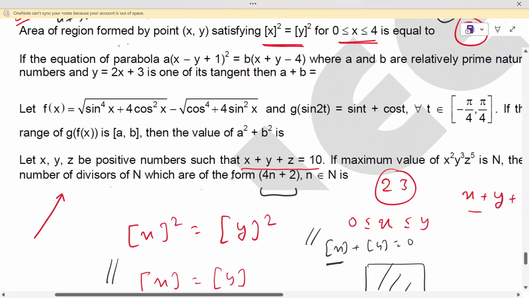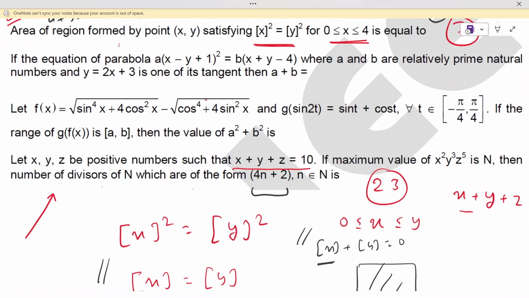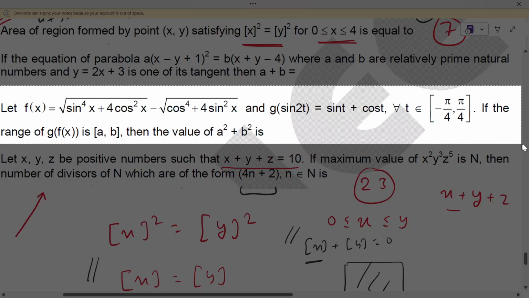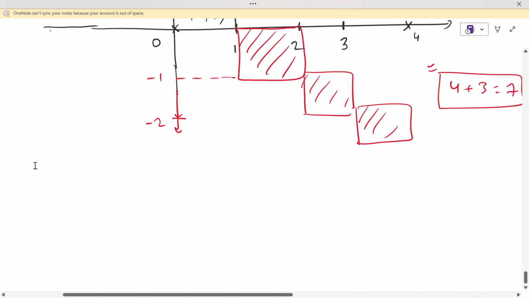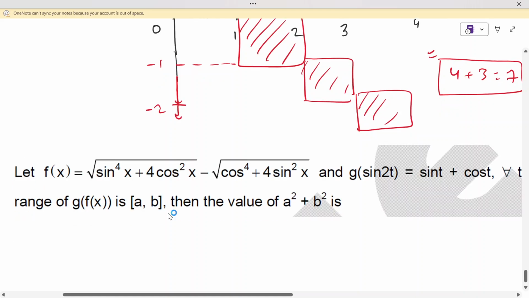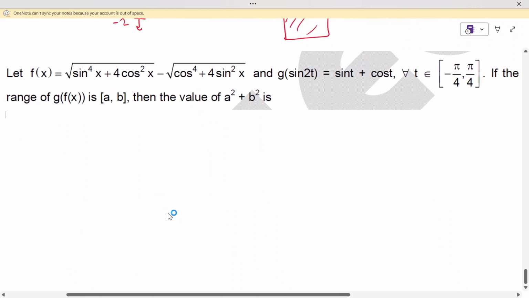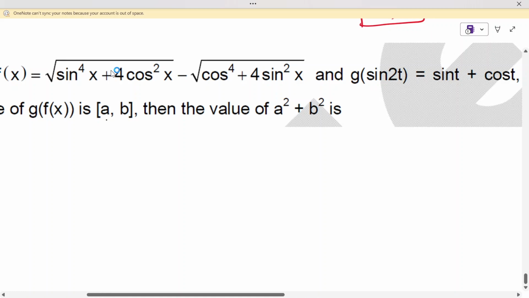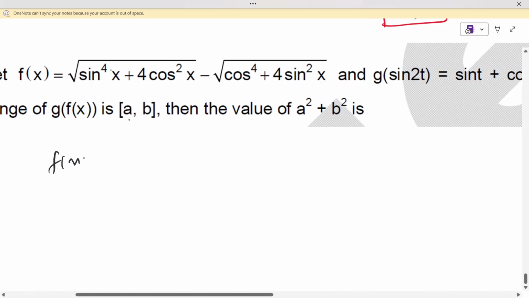Now the upper ones. It says f(x) equal to sin to the power 4 x plus cos to the power 4 x. This thing I have, and the range of g(f(x)) is this way. Then we have to calculate this kind of thing. Now f(x) equals sin to the power 4 x, which I can write as (1 minus cos square x) whole square, isn't it?